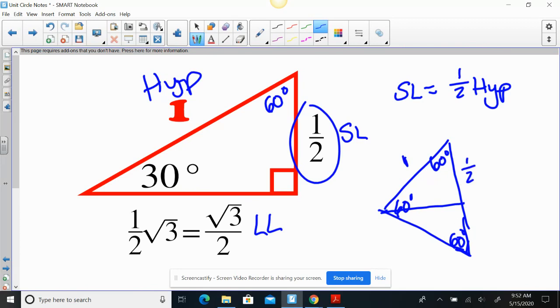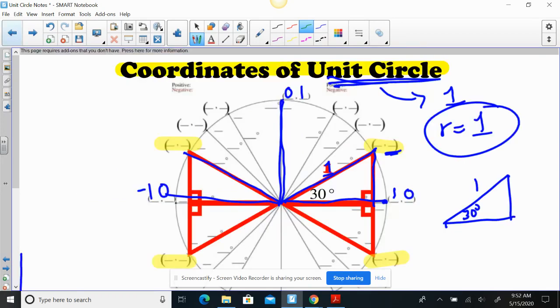Now I could use a squared plus b squared equals c squared, or I could use the rule that my long leg is my short leg times square root 3. So 1/2 times the square root of 3 is just square root of 3 over 2. So essentially, in this triangle, this side is 1/2, and this side is square root of 3 over 2.